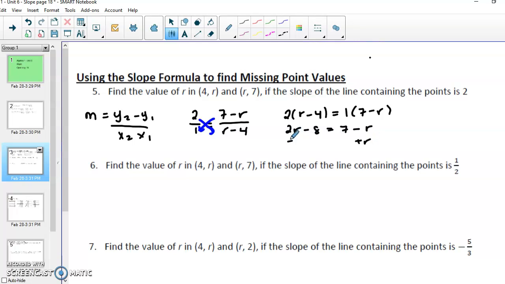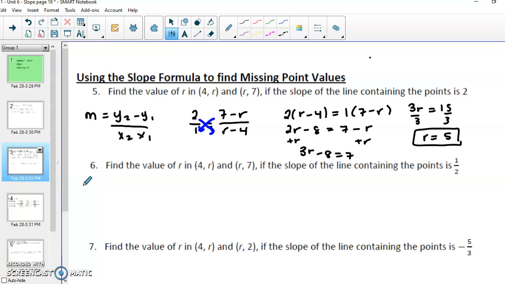I'm going to speed through this to solve it. 3r minus 8 equals 7. If I add 8 to both sides, I get 3r equals 15. And finally, my answer is 5.